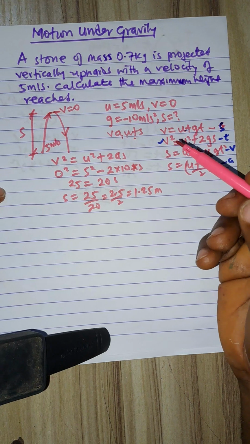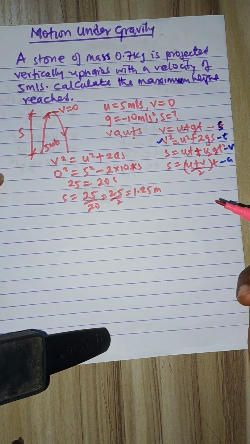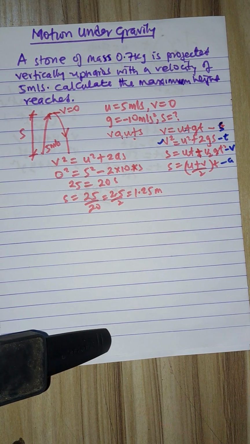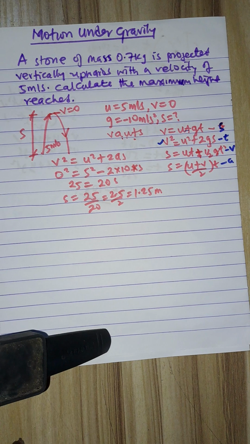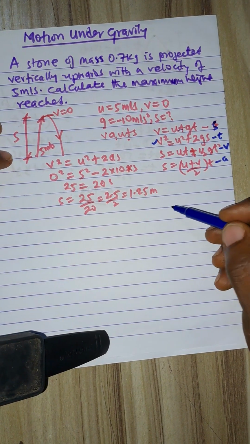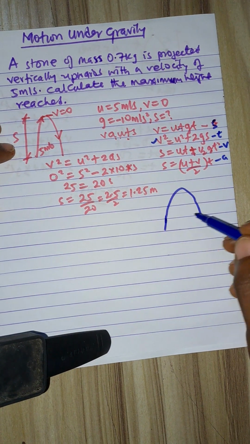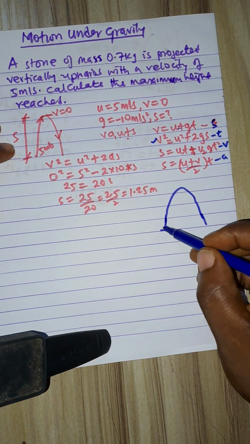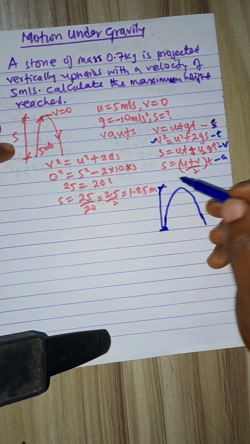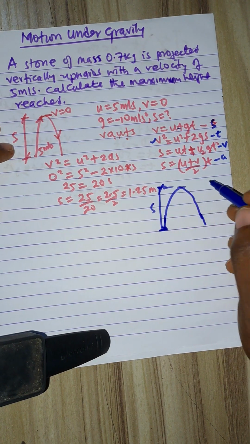If you don't want to do this, we can actually use the law of conservation of energy to solve it. Yes, it will work. Physics is physics. Now, from this point to the maximum height, this is S, the maximum height.